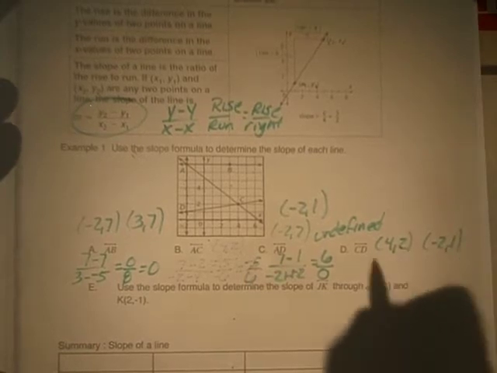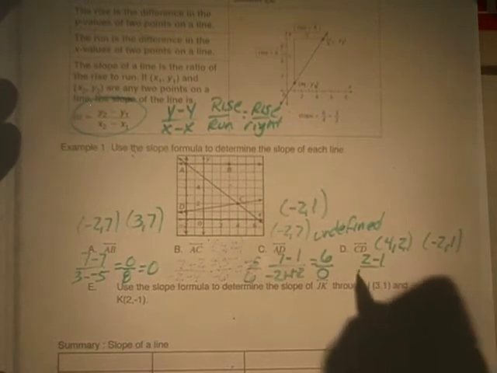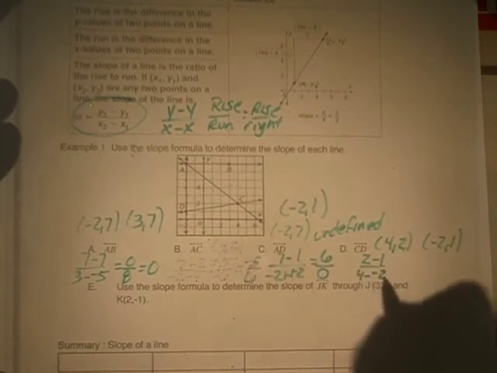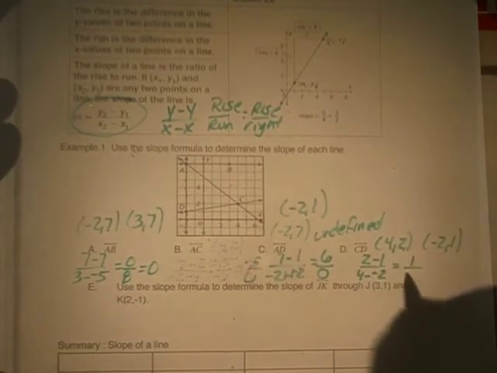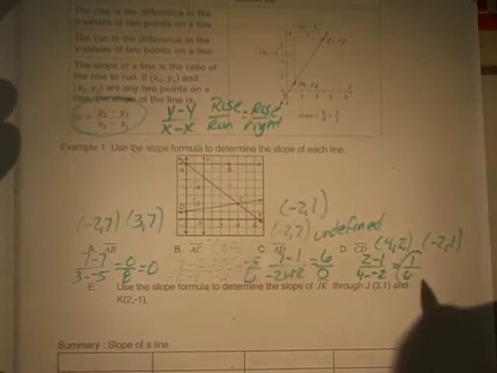And the last one, CD. C is the ordered pair 4, 2. D is the ordered pair -2, 1. Y minus y, 2 minus 1, over 4 minus a -2 will be 1 over 6. And our slope is 1/6.